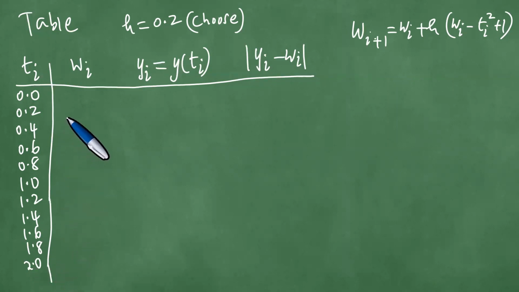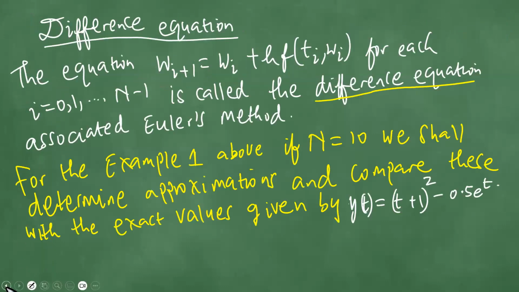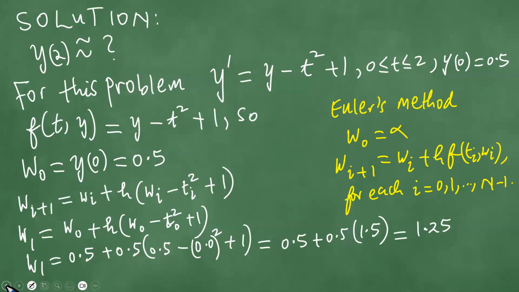And then we already know at the beginning, W0 was alpha, the initial value, so W0 was 0.5 in this question.